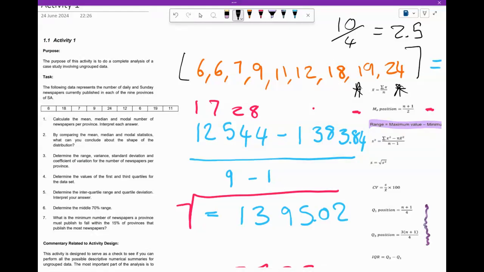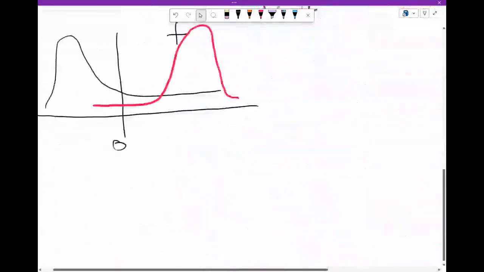Is this our answer? Are we done? Can we move on to the next? Are we happy? So remember, with quantiles, we're trying to establish where our data is sitting.